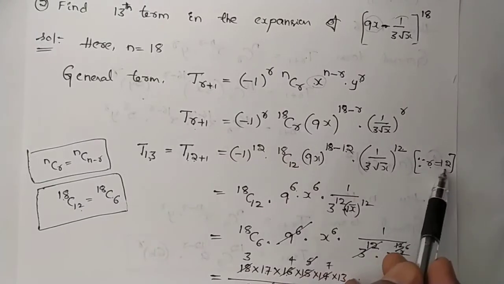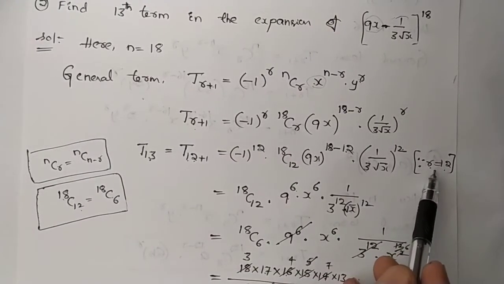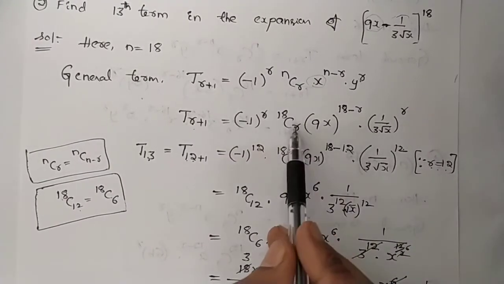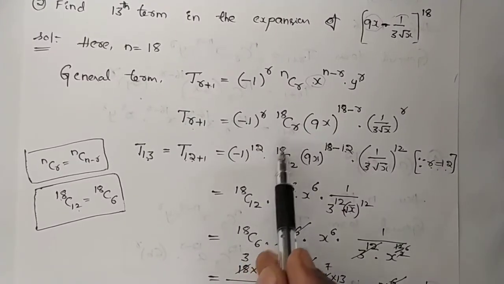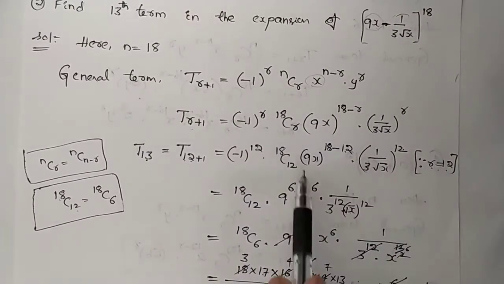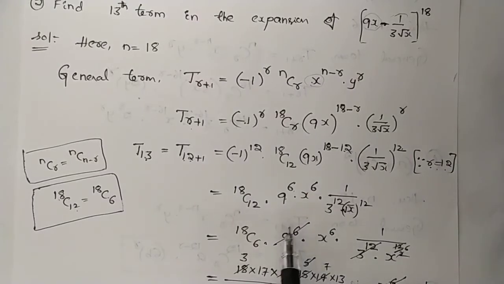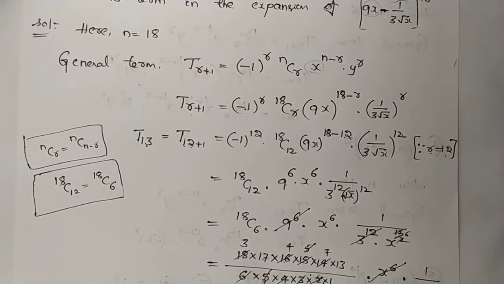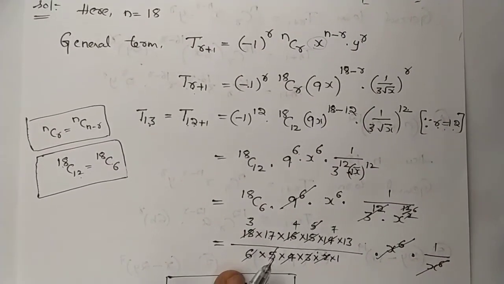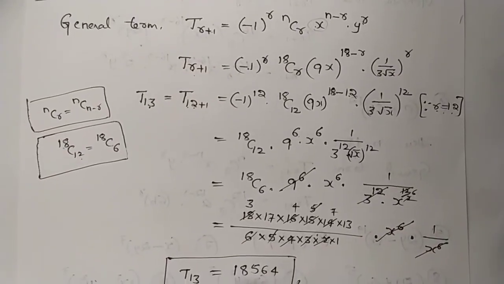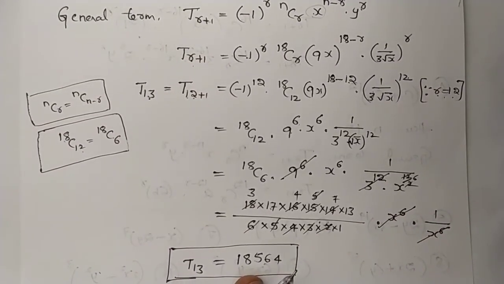Here we will get r equals to 12. I am just substituting r equals to 12 in the general term. Finally we will get the simplification, and after the simplification we will get the answer, I mean the required term.